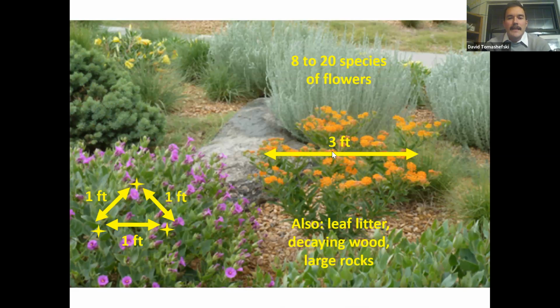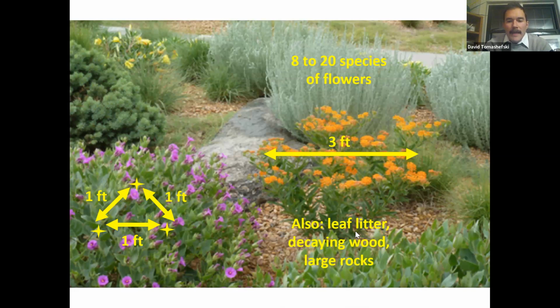Additionally, it's a good idea to plant at least 8 species of wildflowers in your soft landings garden. Research has shown that when you have at least 8 species of flowers, you have a significant increase in the abundance and diversity of pollinators that you're attracting.